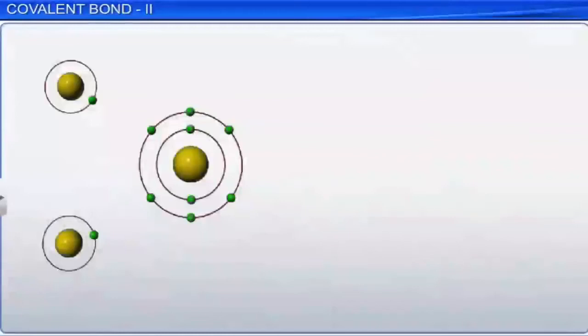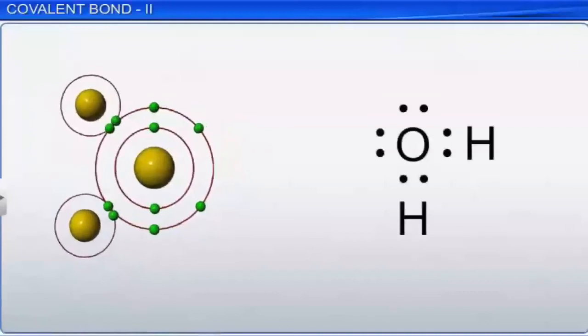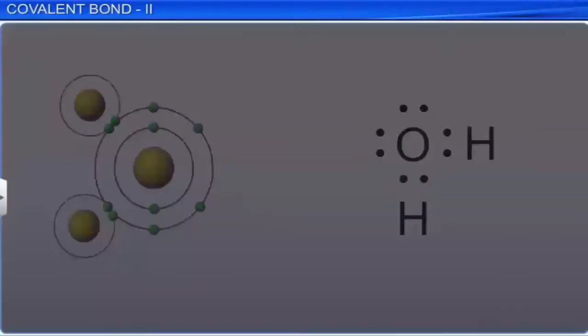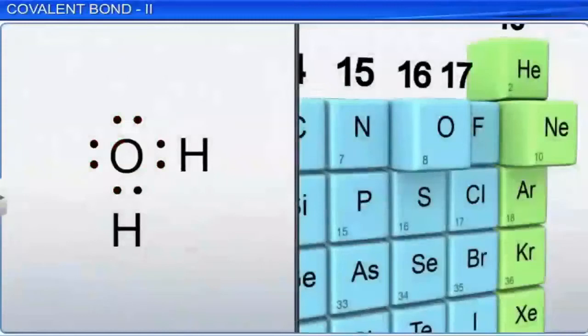For example, in a water molecule, one oxygen atom shares valence electrons with 2 hydrogen atoms. In this way, the valence electrons in an oxygen atom will be 8, and thus, oxygen gets the stable status of its nearest noble gas, neon.